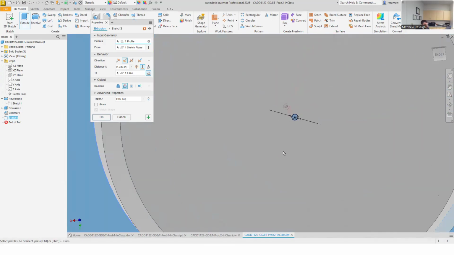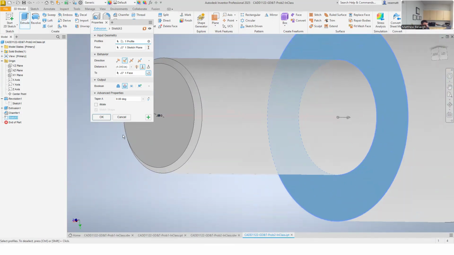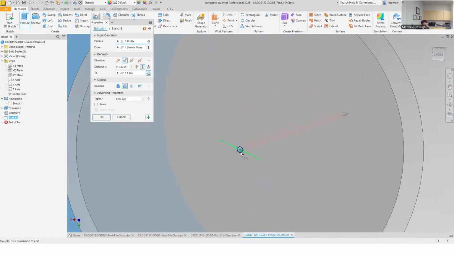It does give the axis of this some play, bouncing from side to side as it passes through here slightly at an angle in a bunch of different directions because of it being a cylindrical tolerance zone.